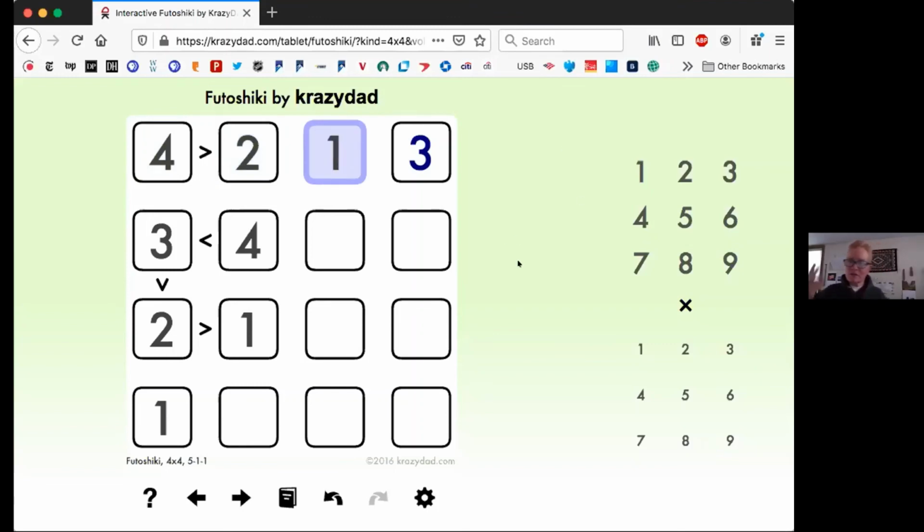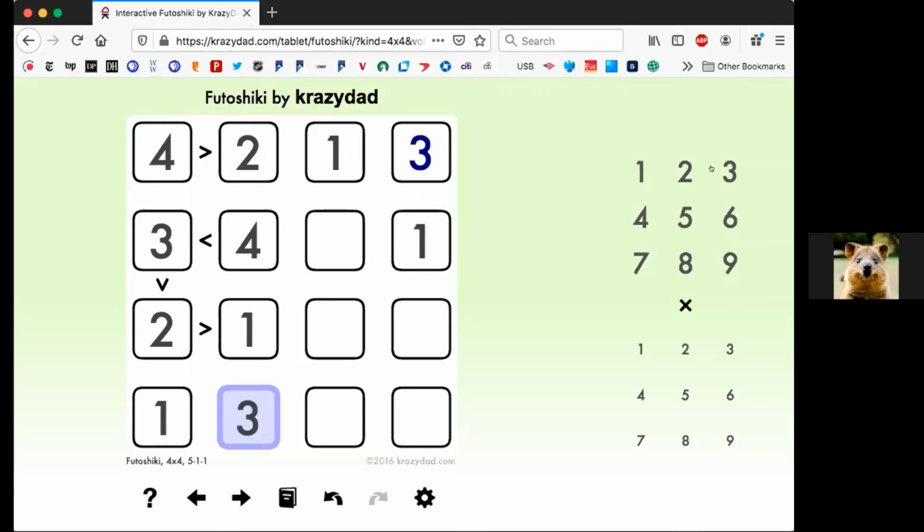Okay, we have 3 1s in the puzzle already. Where does the last one have to go? Under the 3. Second row, yeah, under the 3. Good. And 3 down here, in the second column. Gotcha.